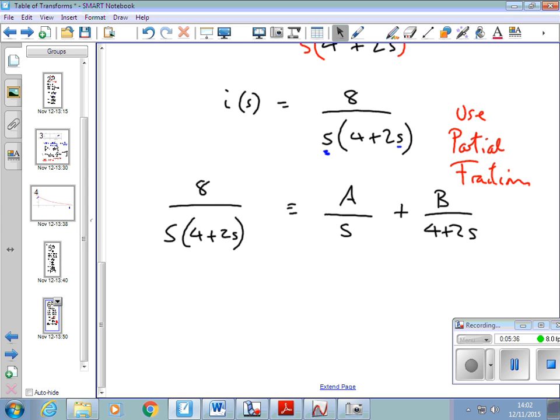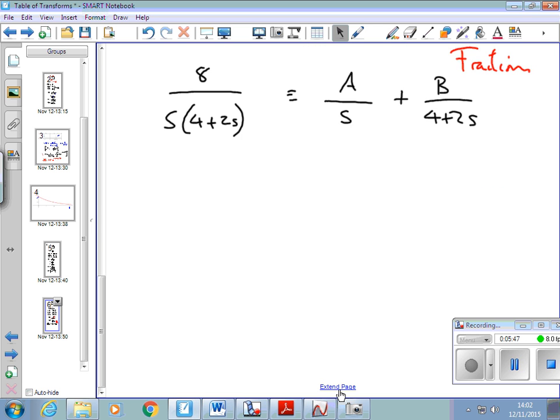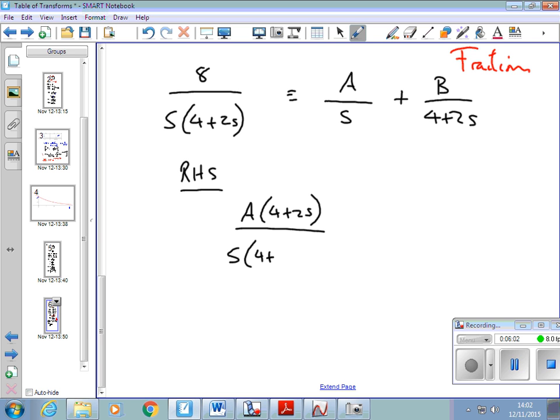What do we do first? Right, cross multiply and make one equal to the other. So we focus on the right hand side and we say A times 4 plus 2S over S times 4 plus 2S, plus B times S over S times 4 plus 2S.